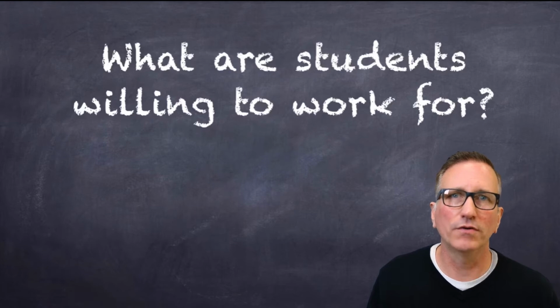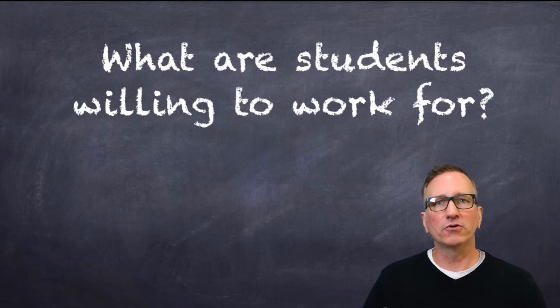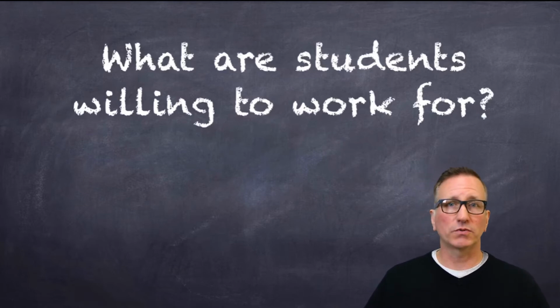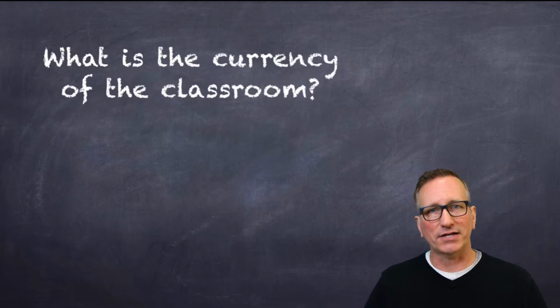So we've got to find something that every kid is willing to work for, because the power of the peer group isn't going to be there in the same way that it is in a regular in-person classroom. So what are students willing to work for? Or another way of putting it is, what is the currency of the classroom?